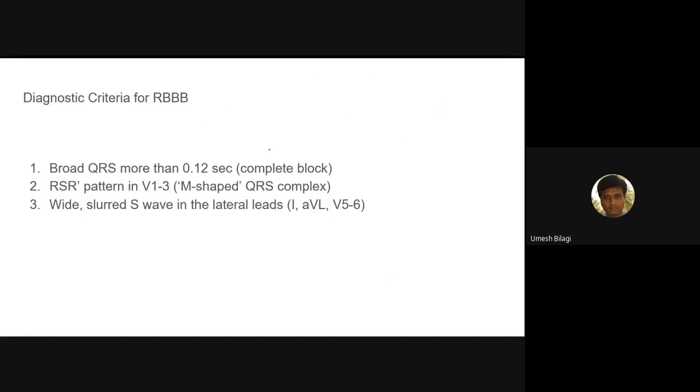Diagnostic criteria for RBBB. The best thing to diagnose RBBB and LBBB is looking for this RSR pattern. RSR pattern in V1: the first positive deflection will be there, there is no negative deflection.